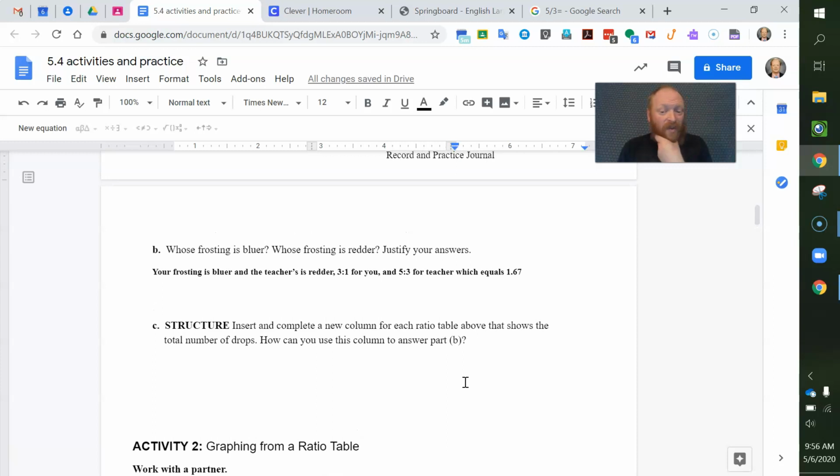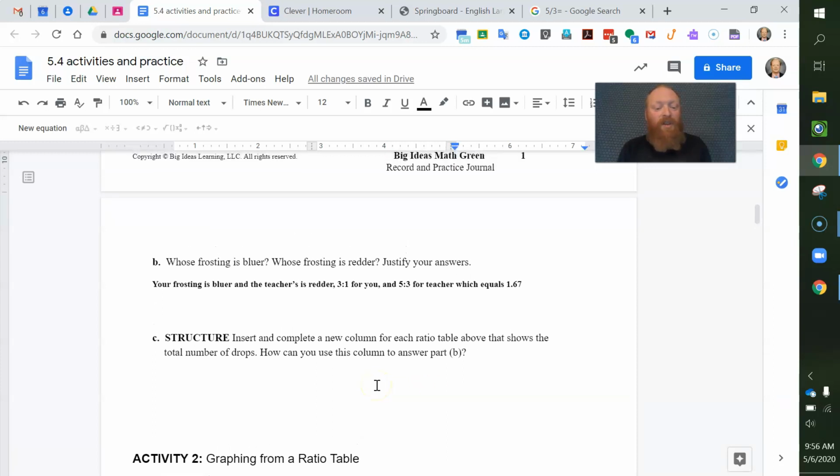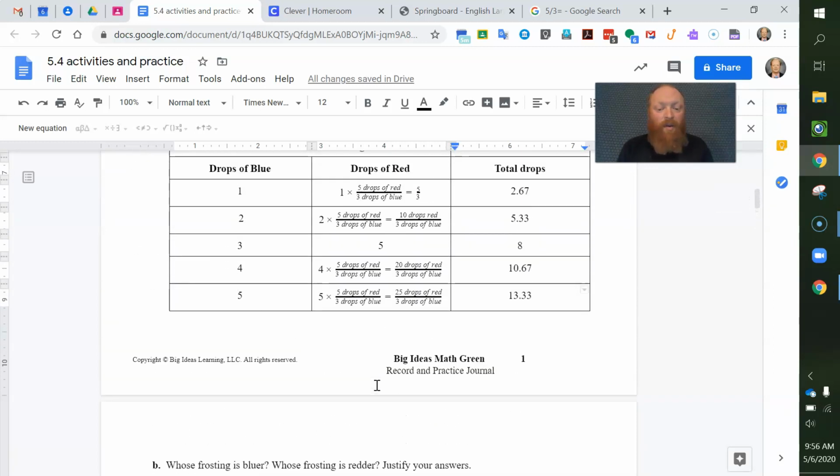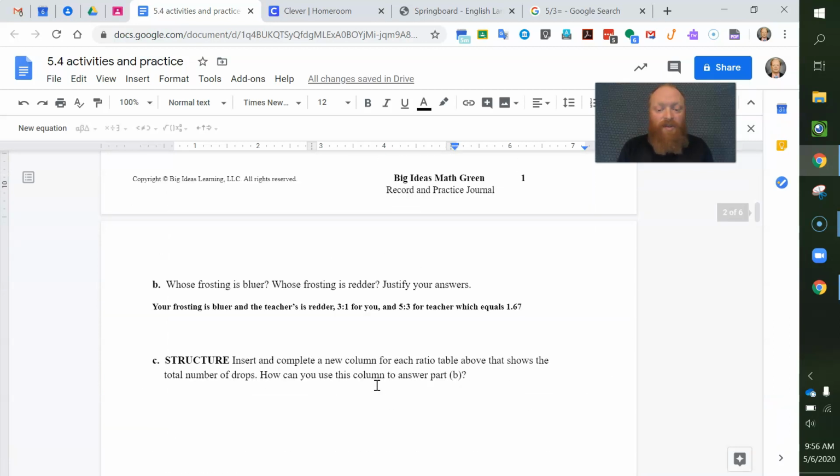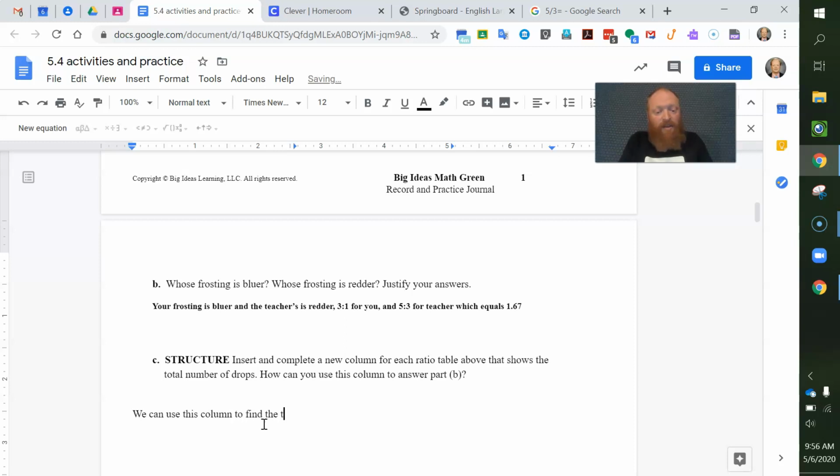Insert and complete a new column for the ratio above. How can you use the column to answer part B? Well, we can use this column to find the number of blue or red drops out of the total number of drops.